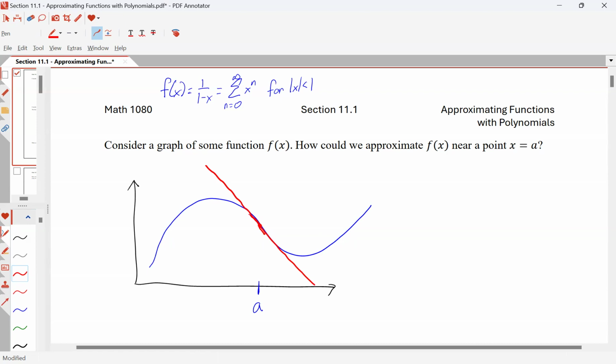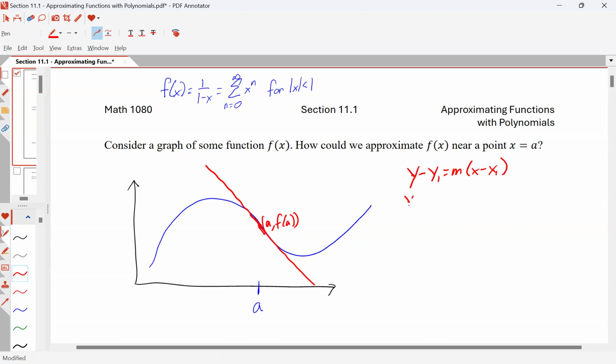We can make a linear approximation near this point a, at f of a. And how we do this is we use the equation of a line: y minus y1 equals m times x minus x1, with y1 and x1 being our point a, f of a, and m being the slope. Well, the slope of a tangent line is the derivative.